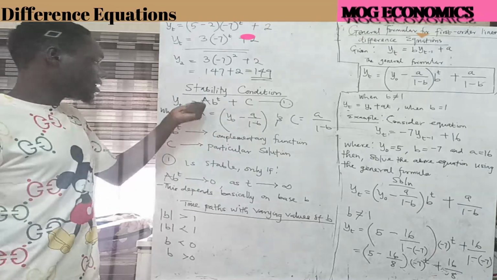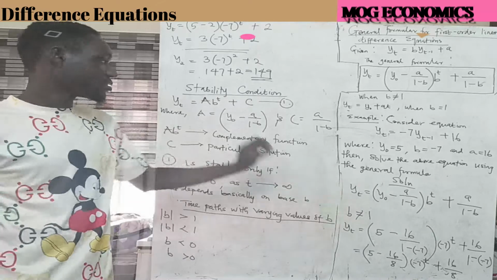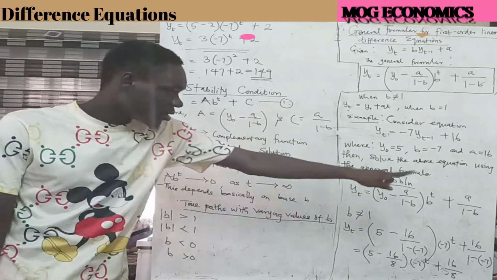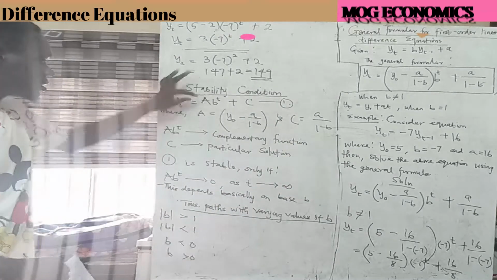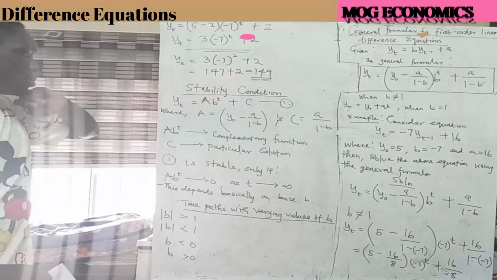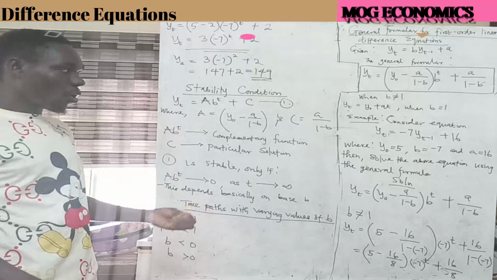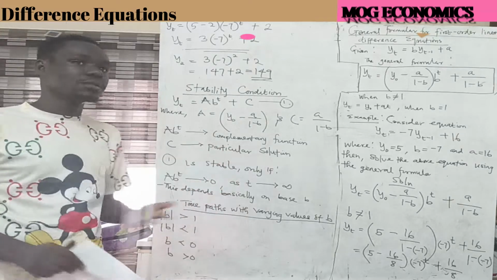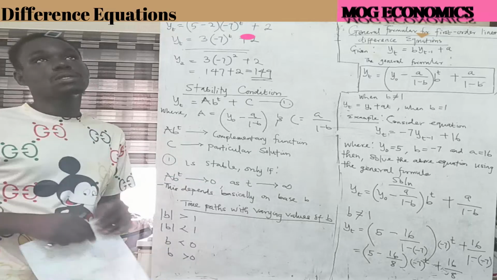Here, A stands for the entities in the first bracket, and C for the other part, which is this. This first part of the function is regarded as a complementary function, or what we can see as the deviation from equilibrium.